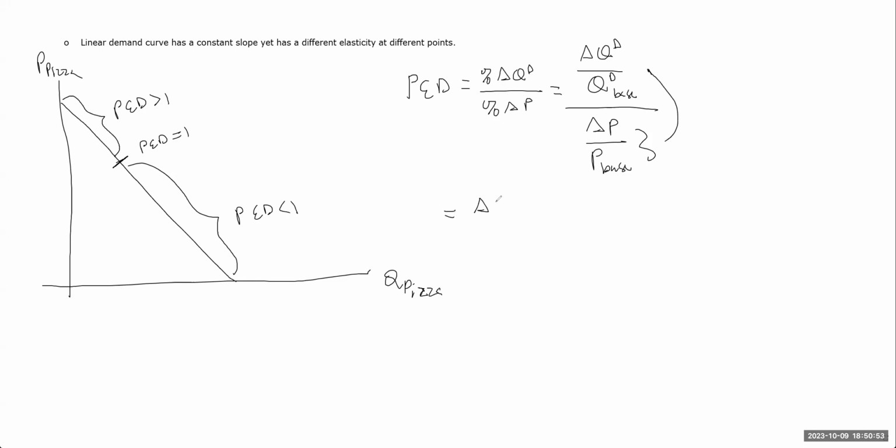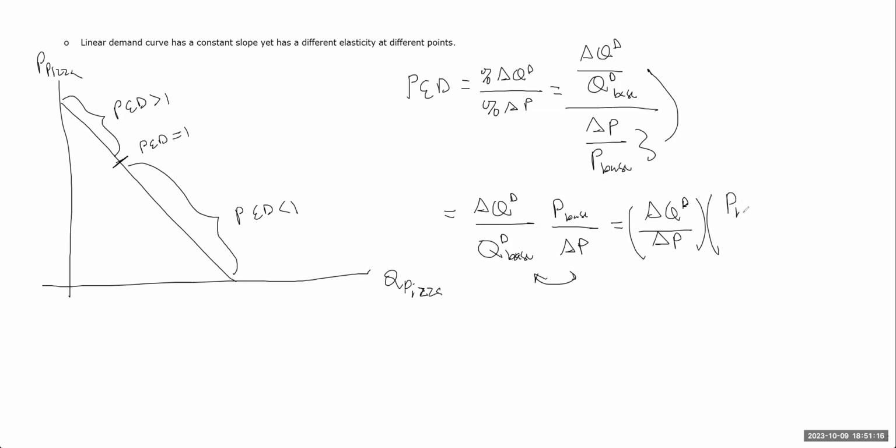And P base divided by change in price. I'm going to flip these two. And this would be change in quantity demanded over change in price times P base divided by Q base.